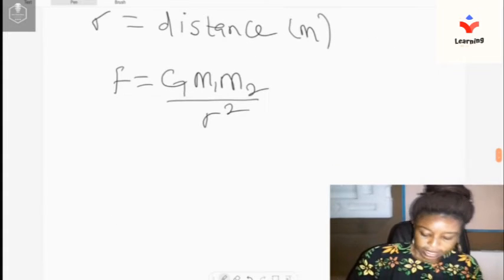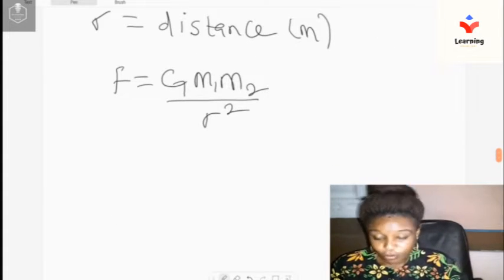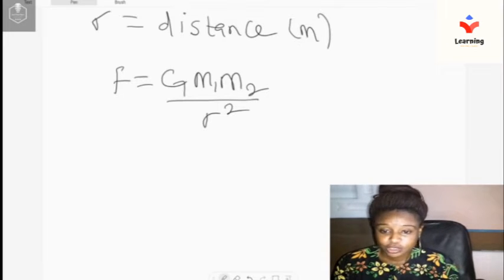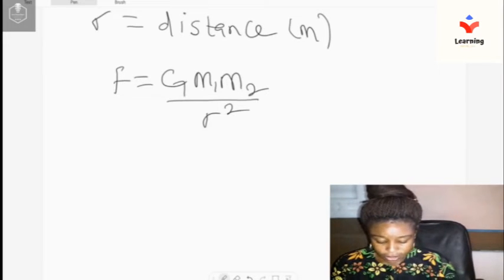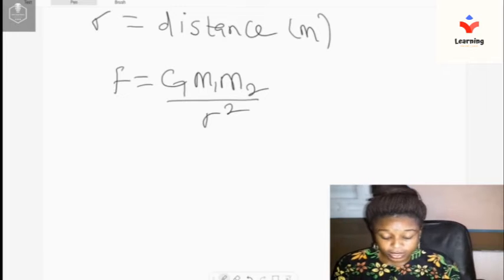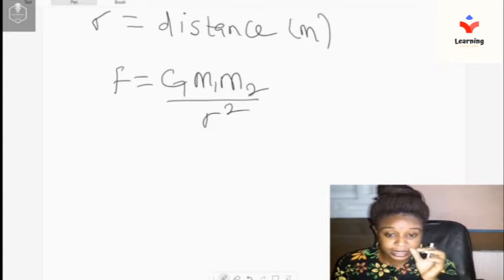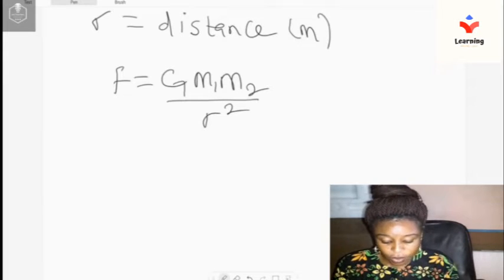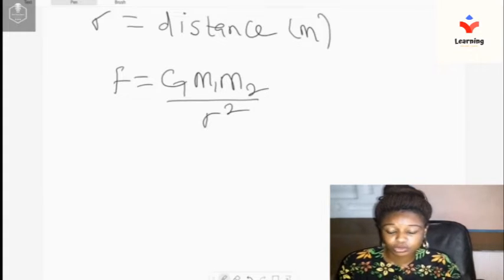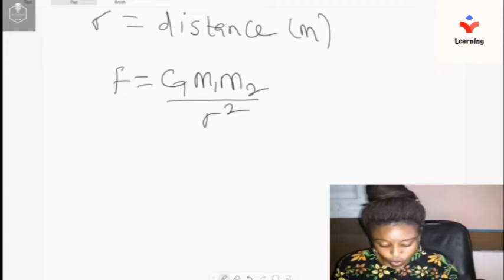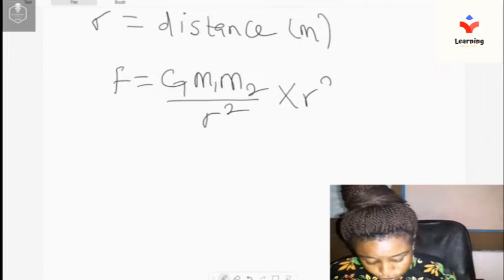We want to make our G the subject of the formula instead of F. So how are we going to go about it? We can see that this r squared under it is disturbing it, so we have to get rid of the r squared by multiplying it by r squared, and whatever we do to the right hand side, we are going to do to the left hand side. So we multiply both sides by r squared.